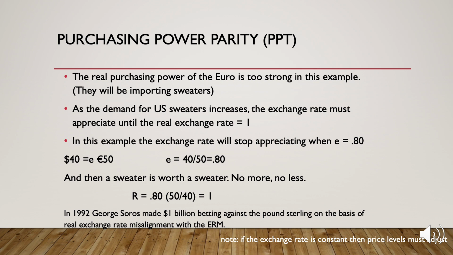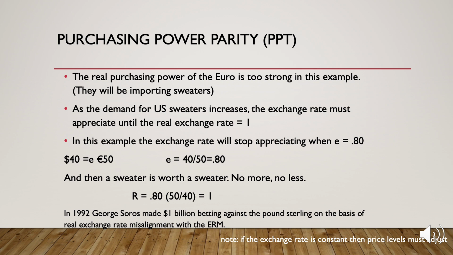So the real purchasing power of the euro is too strong in this example. The real exchange rate is 1.5, and the real exchange rate from the advantage of the United States, which is the one we calculated, is obviously too weak. It's too depreciated. It should be equal to 1, but it's equal to 1.5, right? As the demand for U.S. sweaters increases, the exchange rate must appreciate until the real exchange rate is equal to 1.